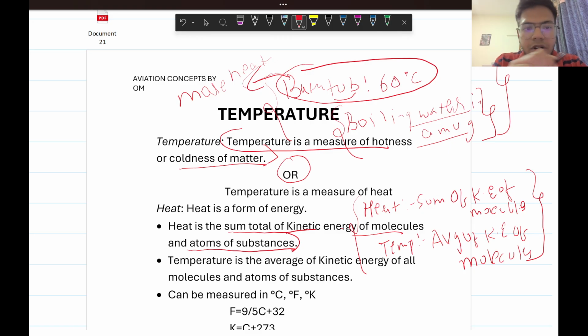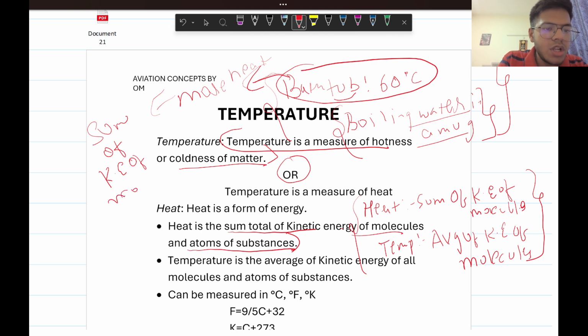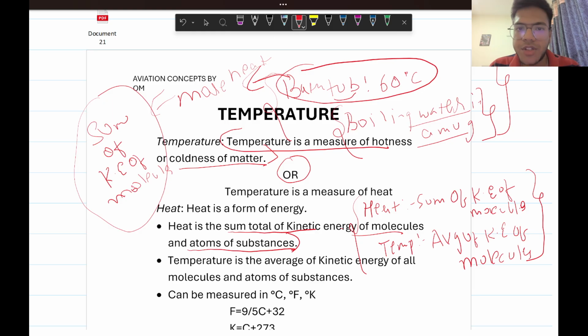Heat is more here because heat is the sum of kinetic energy of molecules, and we know the size of a bathtub is obviously more than a mug. That's why the bathtub has more heat but not more temperature. The temperature is more for the boiling water in a mug. I hope, guys, by this example I am able to tell you the difference between heat and temperature.